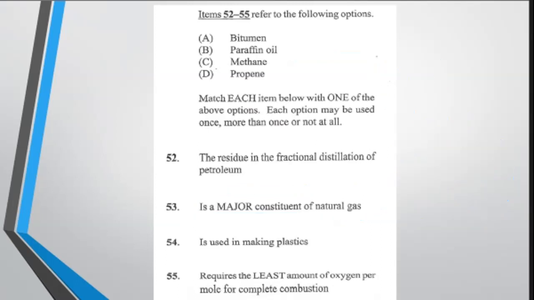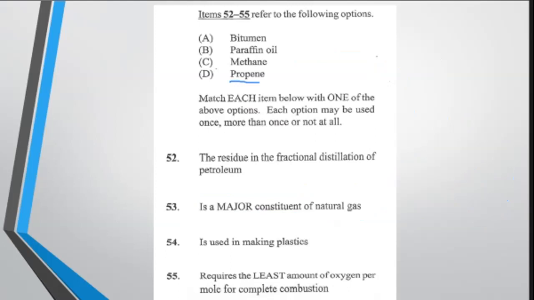Next, is used in making plastics. Propene is an alkene, and an alkene could be used to make a polymer by addition polymerization, according to the question we were talking about a couple of questions ago. Alkenes can be used to make polymers, and plastics are polymers.